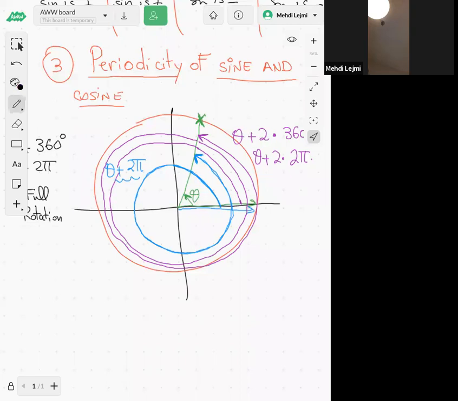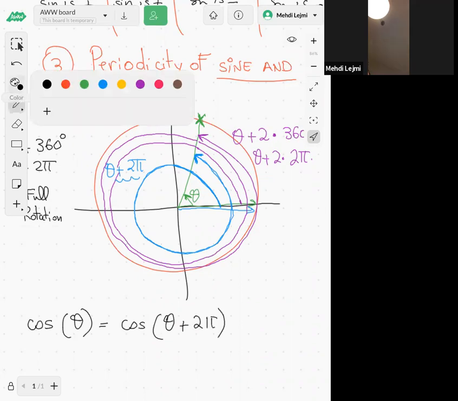So the conclusion here is that cosine of theta is the same as cosine of theta plus 1 full rotation, let's say 2 pi or 360. That's the same thing, because as you can see here, the angle theta, the green one, corresponds to this point.